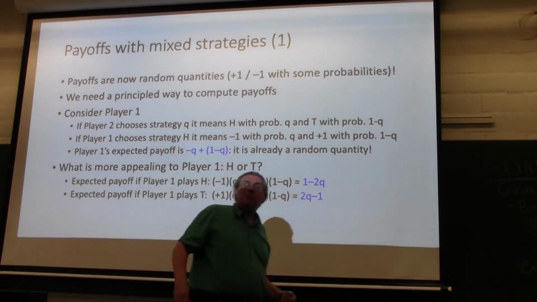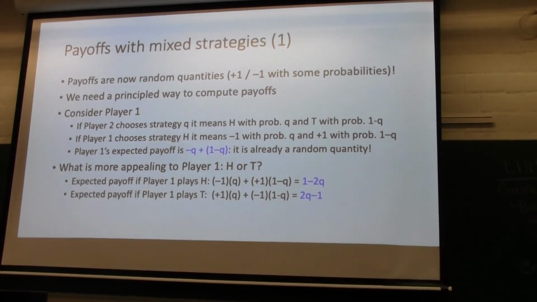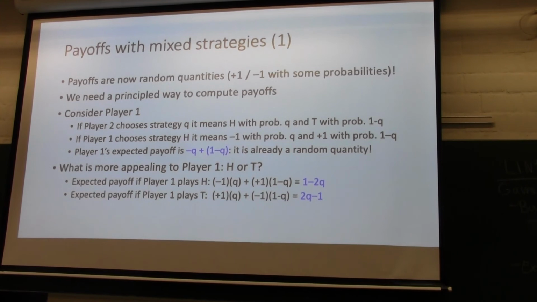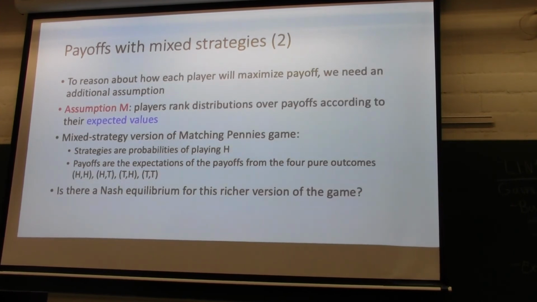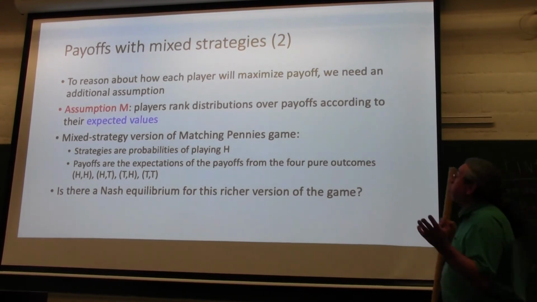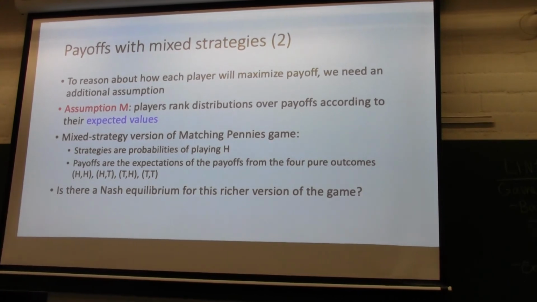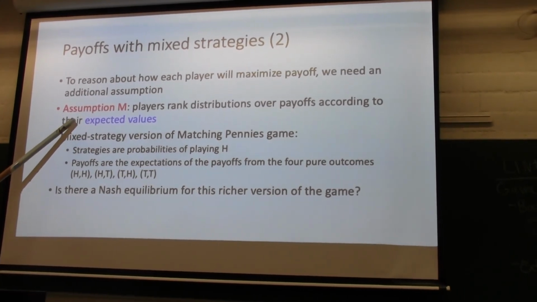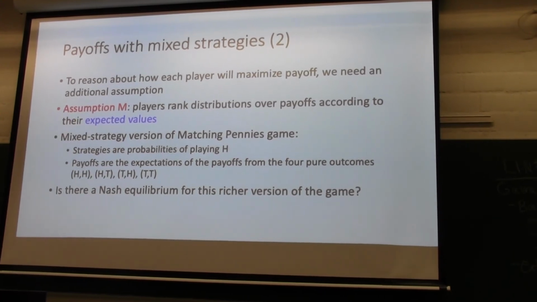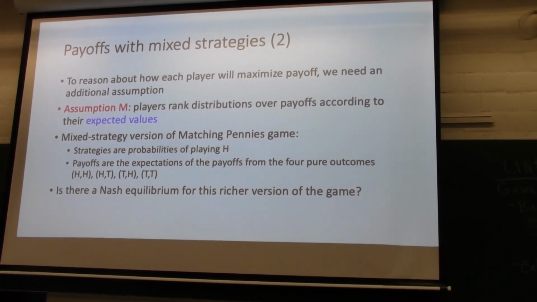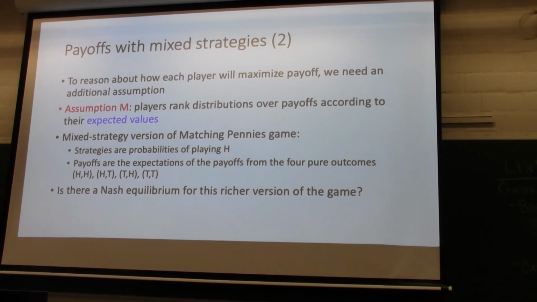But of course you don't know the value of Q. So what do you do now? We may have to make another assumption here. Each player will somehow try to maximize their expected winnings, because you can't just do that for one single game.